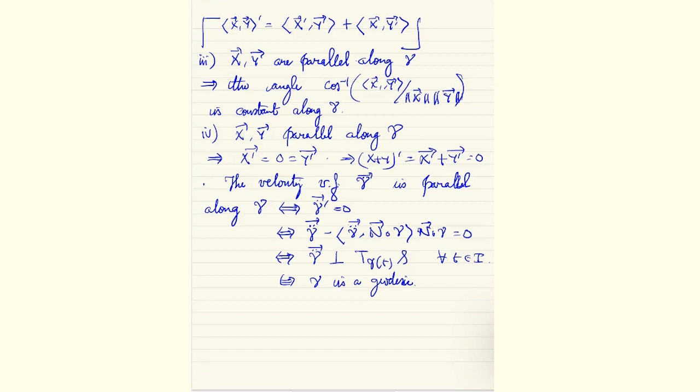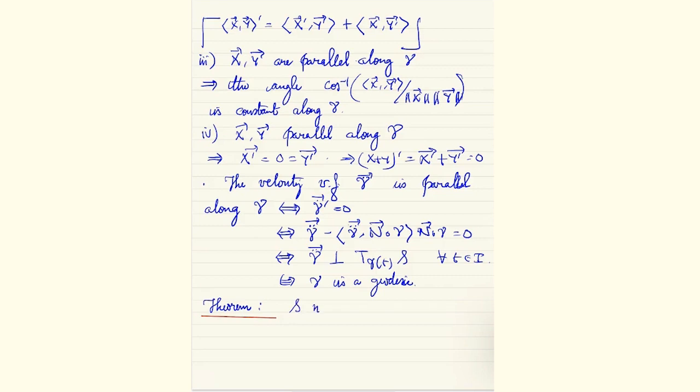So let's look at a couple of results here. I'll merely indicate proofs here. So two results of interest. One, and this will actually give rise to parallelism or parallel transport. So the setting is usual.